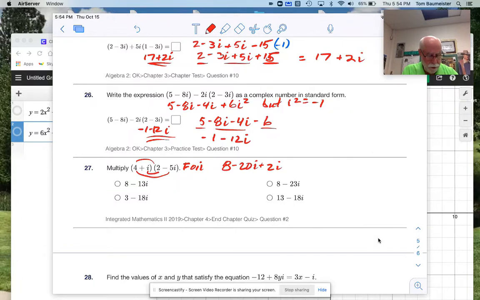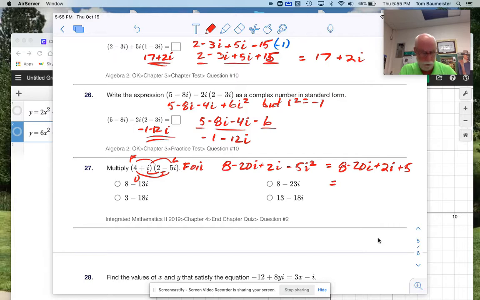And last terms, so I did FOIL. Positive times a negative is a negative 5i squared. But again, i squared is equal to what? -1. So I'll have 8 minus 20i plus 2i plus 5.